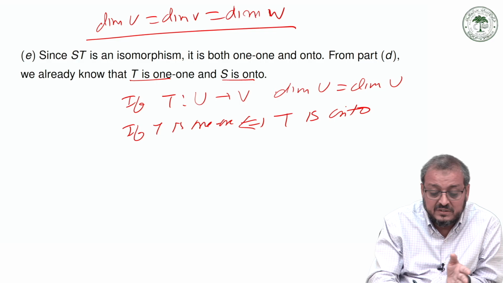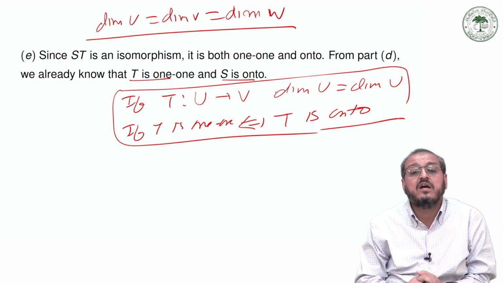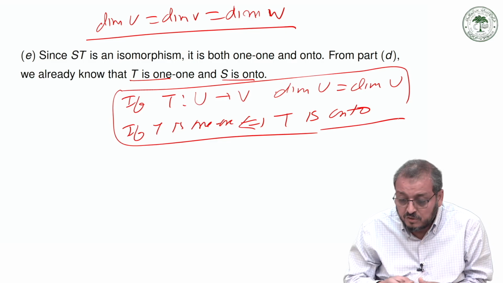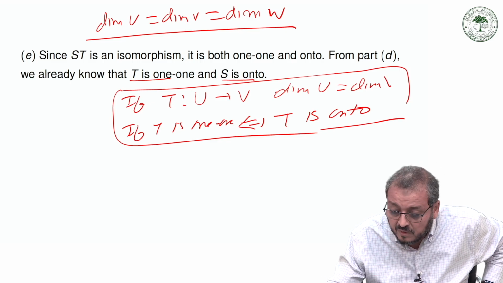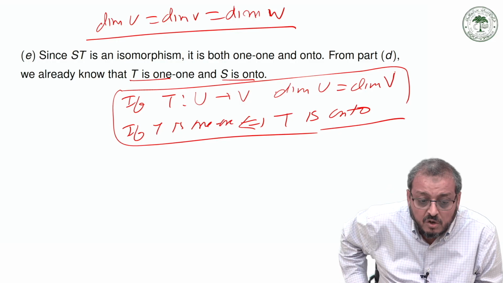So clearly by this result in the dimension theorem, where we have T from U to V and the dimensions of U and V are the same, we can say that T is 1-1 if and only if T is also onto.